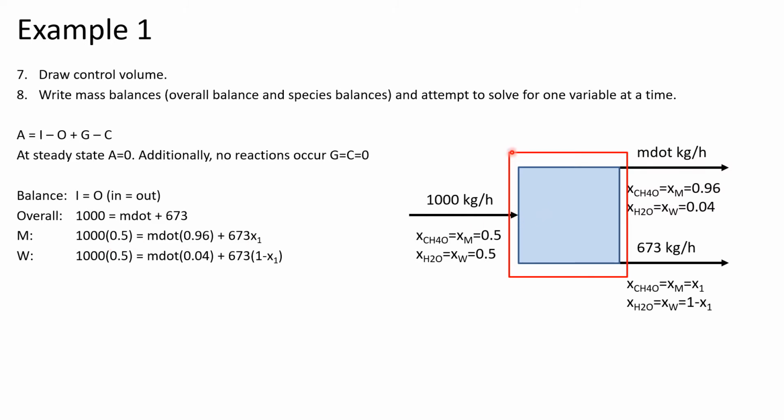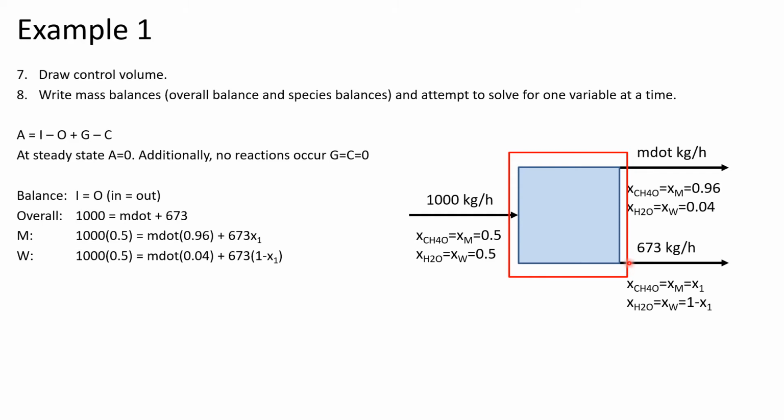As we work our way around the control volume, we have an output stream here, the top product. The amount of methanol in this stream is going to be the total flow rate, m dot, a variable, times the fraction of that which is methanol, the mass fraction, and that's 0.96. We come back over here and look at our methanol balance. We see on the right-hand side of the equals, as one of the outputs, m dot times 0.96. This is the amount of methanol that flows out in the top stream. And we're going to add to it the additional output that we have.